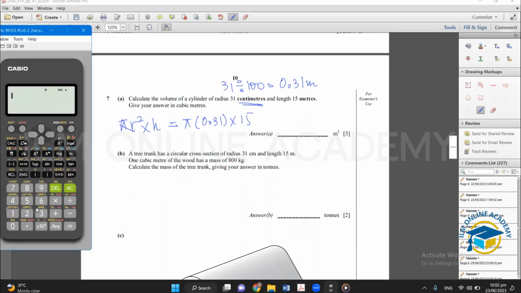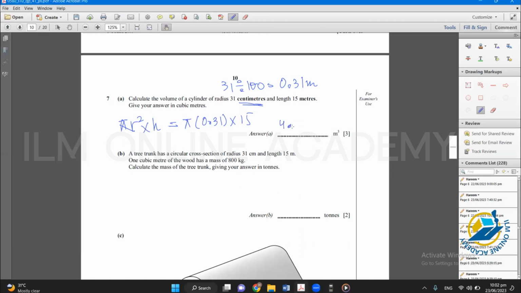So let's see what the answer is. The answer is 4.528 meter cube.